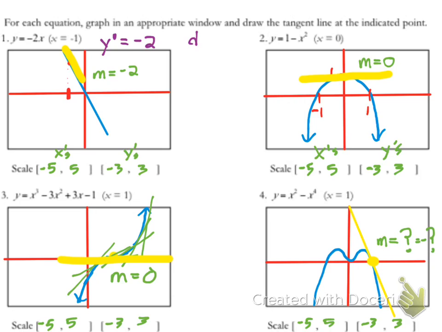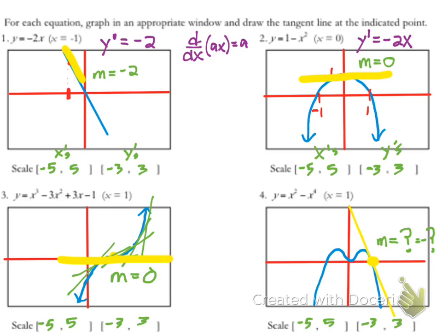So let's go back. In the first equation, the derivative of -2x is just -2. And something you should know is that the derivative of a number times x is always just that number. So that's a rule to keep track of. We can explain it more later. The second one, the derivative of 1 minus x squared, derivative of 1 is a constant at 0.